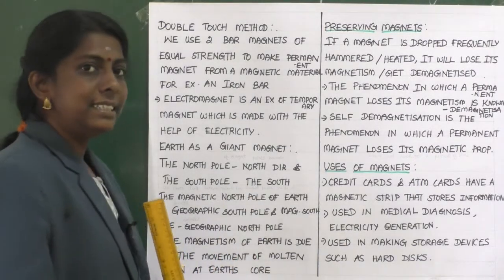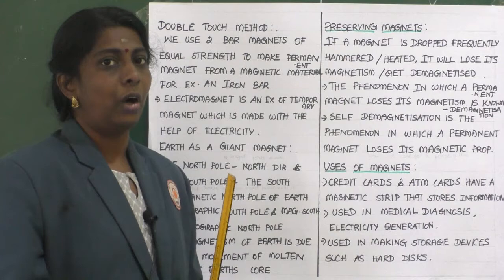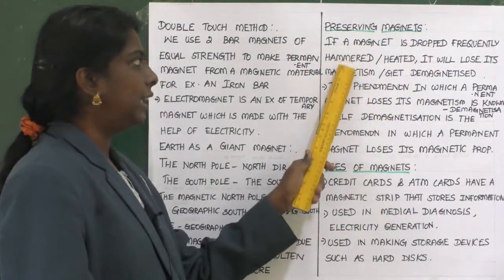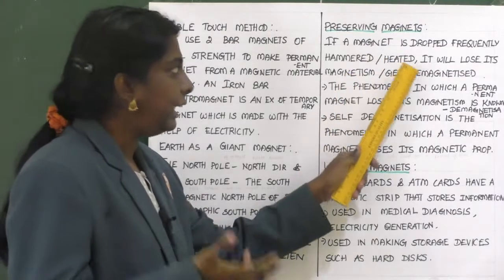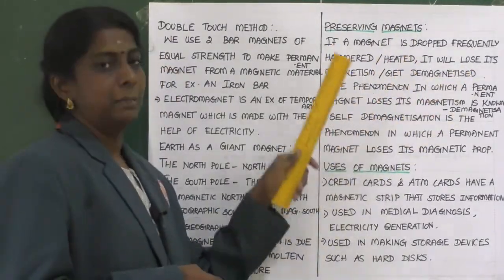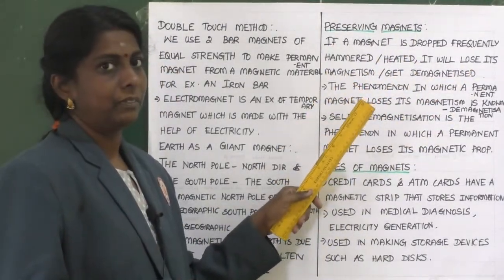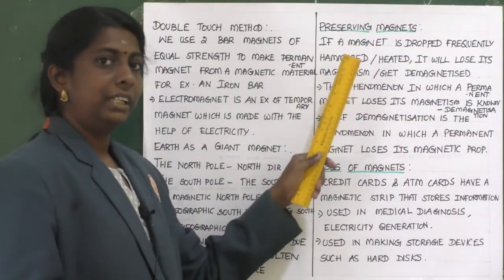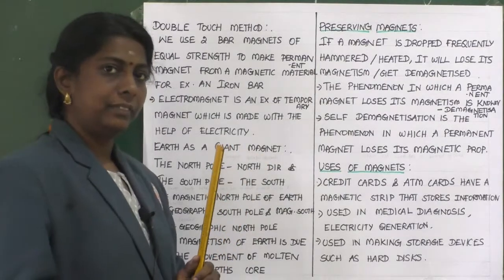Now, next thing is about preserving magnets. How to preserve magnets? If a magnet is dropped frequently or hammered or heated, it will lose its magnetism. It will get demagnetized. Clear?